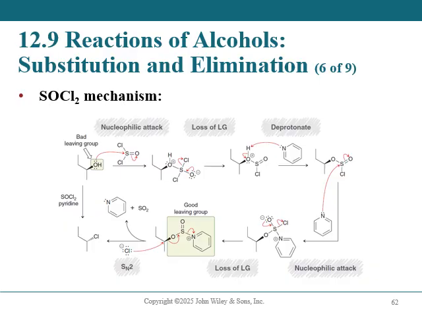After a few proton transfers and elimination steps, we create a chlorosulfite group, which is an excellent leaving group. Chloride then performs an SN2 attack, displacing that group and producing the alkyl chloride. The important result is that thionyl chloride converts an alcohol into an alkyl chloride, and because the final step is SN2, the stereochemistry is inverted at the carbon where the substitution occurs.